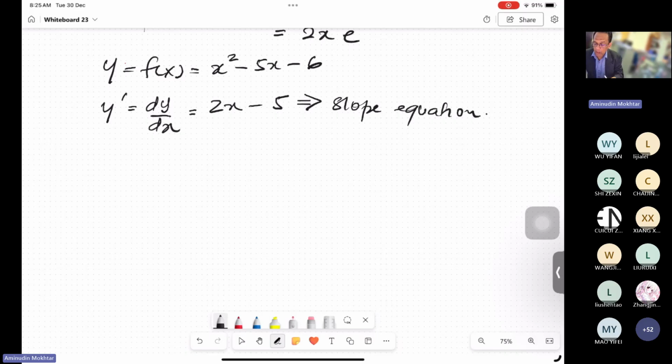But now we want to determine where the function is increasing or decreasing. We just want to identify where the function is increasing or decreasing.